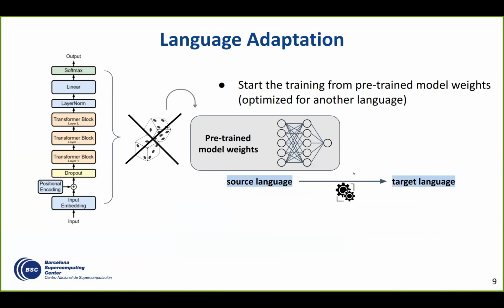Yet, an alternative approach would be to do language adaptation, which we deem more suitable for our situation. But this means to reuse an already existing checkpoint. What exactly does this mean? Let's assume that we have a model that has been already optimized for a particular language, such as English, the most common one, and has learned to predict the next token over a vocabulary, given the previous context.